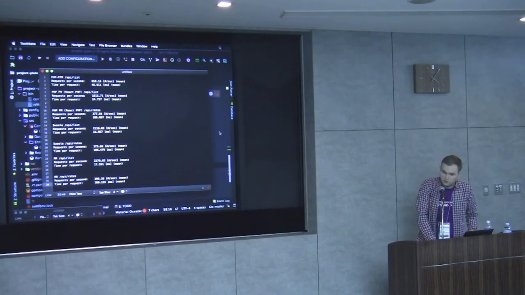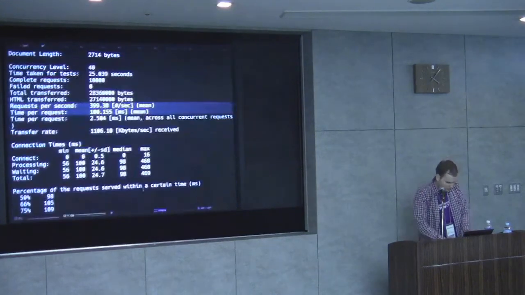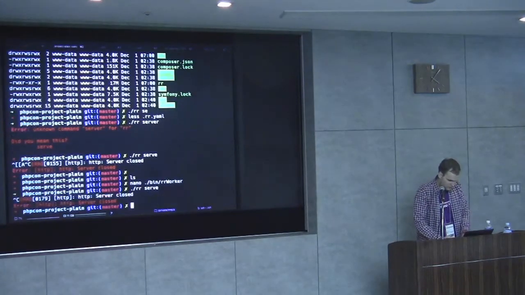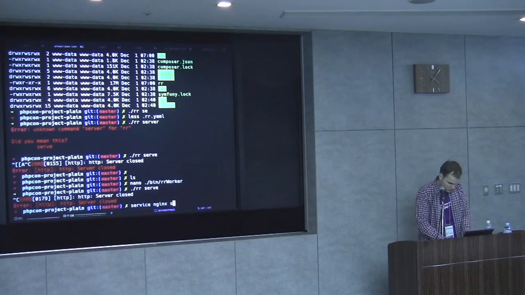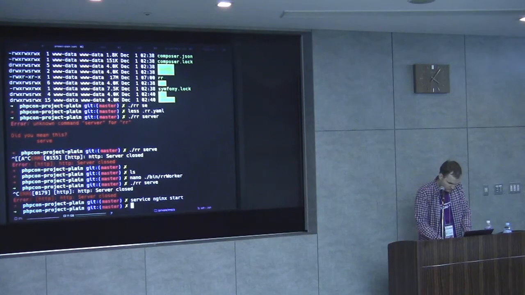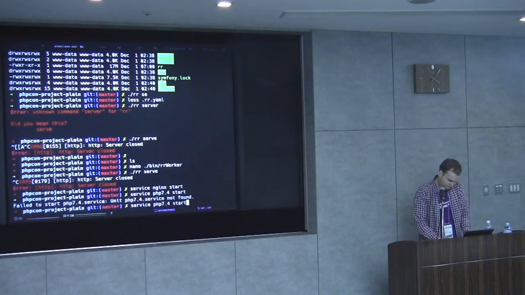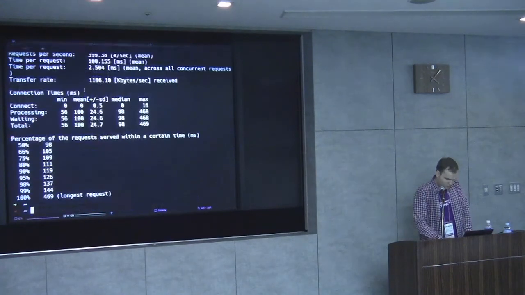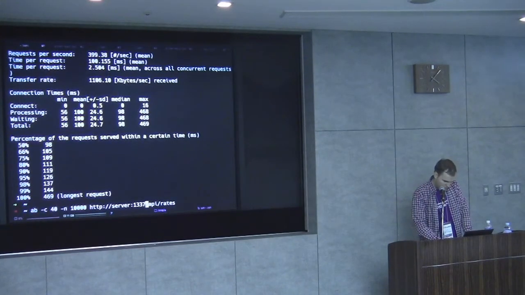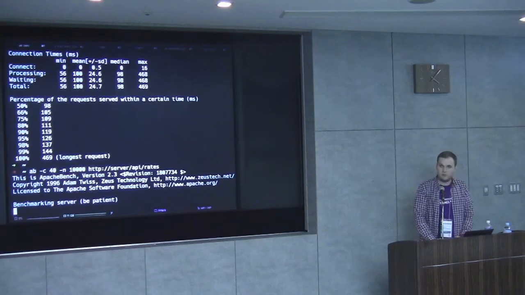So this is basically the numbers. How we have to run Drecks on FPM. There's no base numbers. So let's see how bad it is.